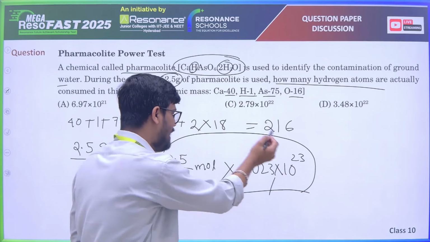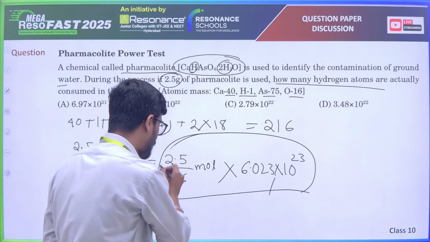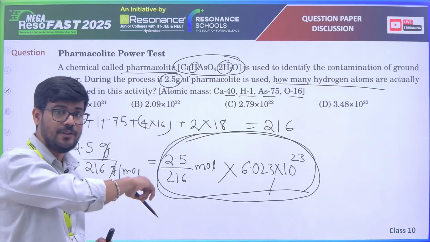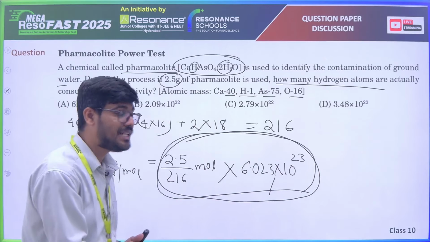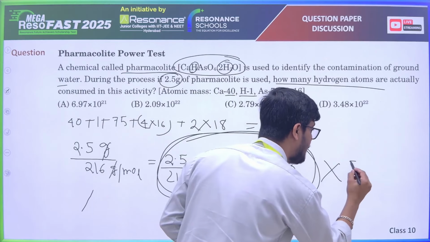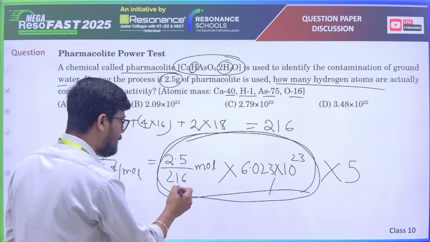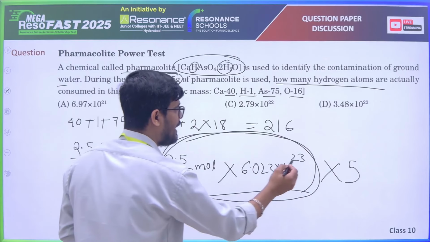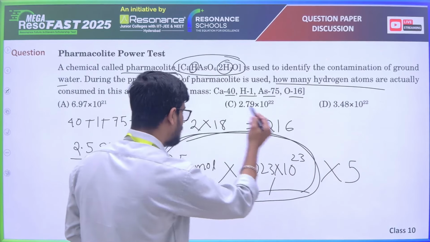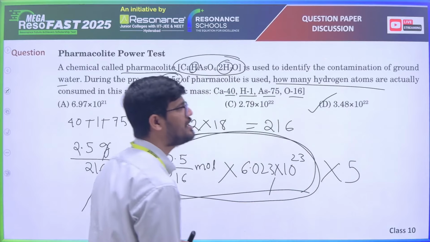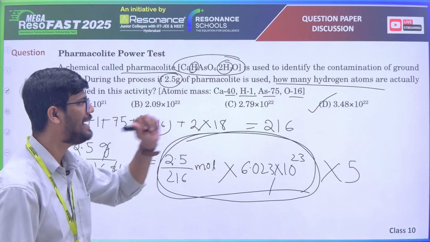So this whole number is the number of pharmacolite molecules consumed, and to get the hydrogen atoms we multiply by 5. So 2.5 by 216 into this into 5, and if you calculate, you will get 3.48 into 10 to the power 22.